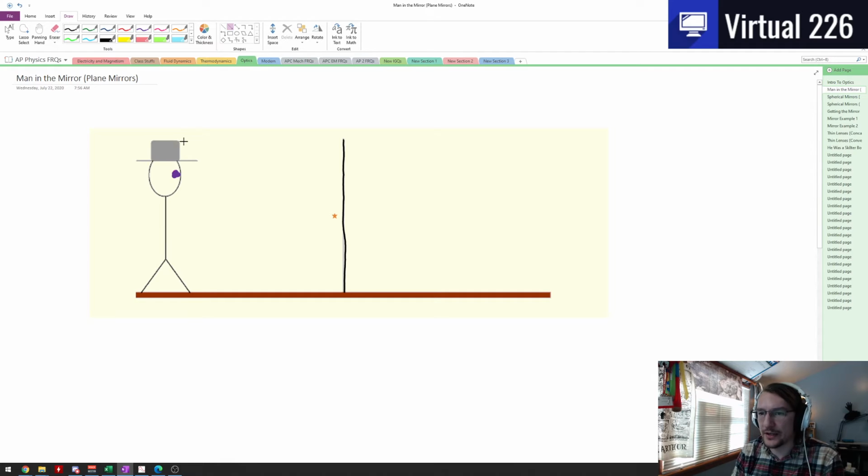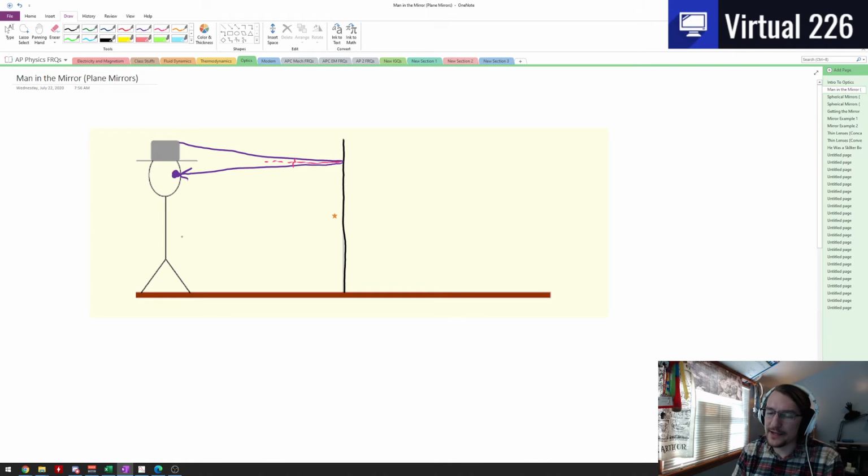So if some light hits our hat and then strikes the mirror, the light ray is going to strike the mirror, and that angle of incidence has to equal the angle of reflection, so when it comes out, it hits your eye. And that's because, this is perfectly normal, and those two angles, which are very tiny, are the exact same.